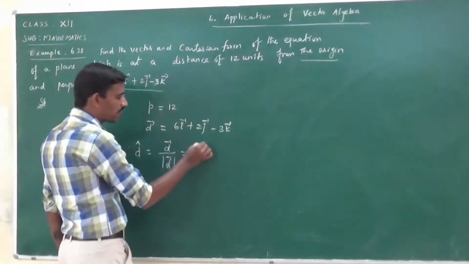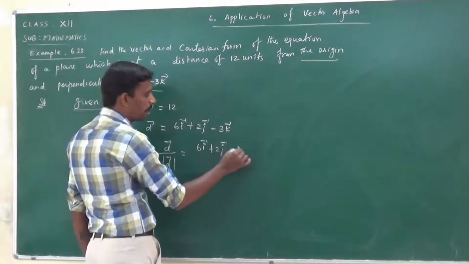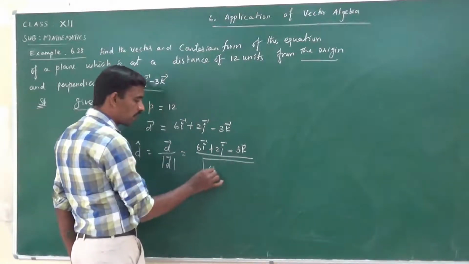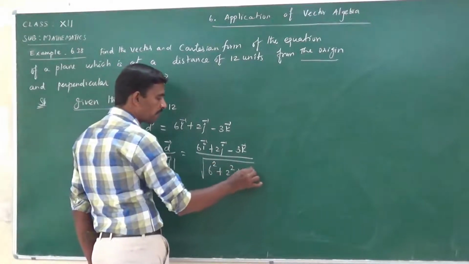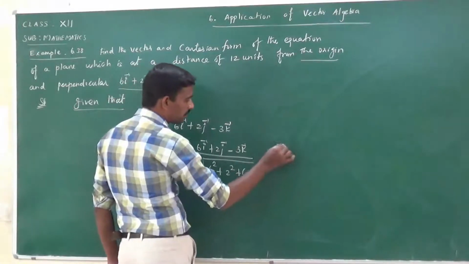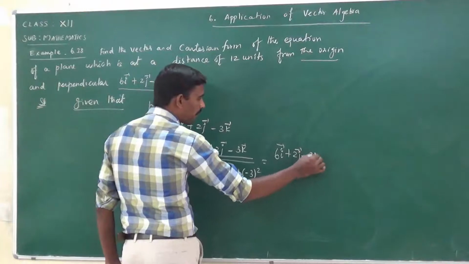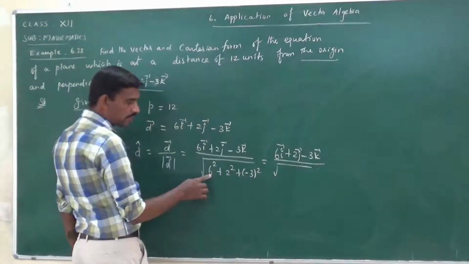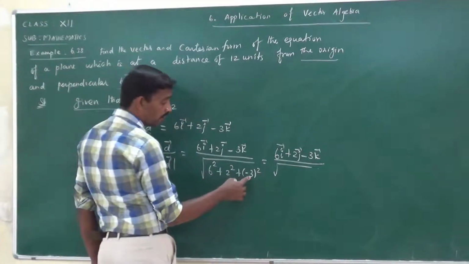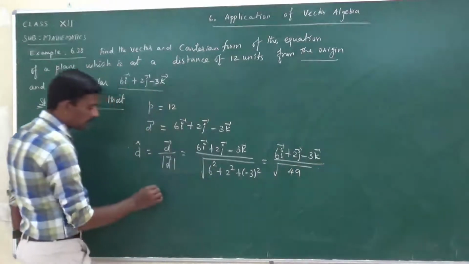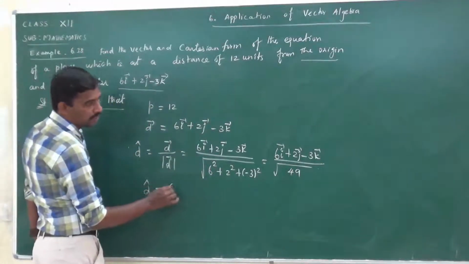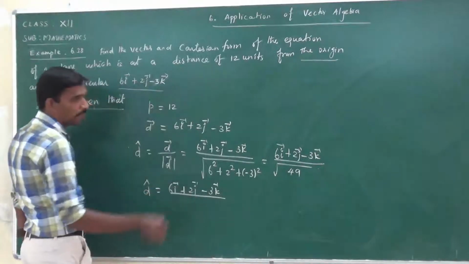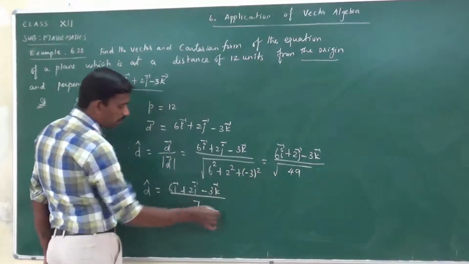So, (6i vector plus 2j vector minus 3k vector) divided by the magnitude of d vector, which is the square root of 6 squared plus 2 squared plus (minus 3) squared, which is the square root of 36 plus 4, 40, plus 9, 49. So d cap is equal to (6i vector plus 2j vector minus 3k vector) divided by 7, since the square root of 49 is 7.